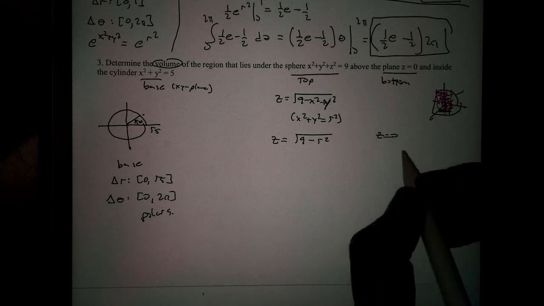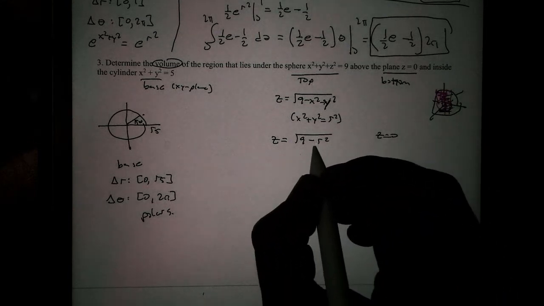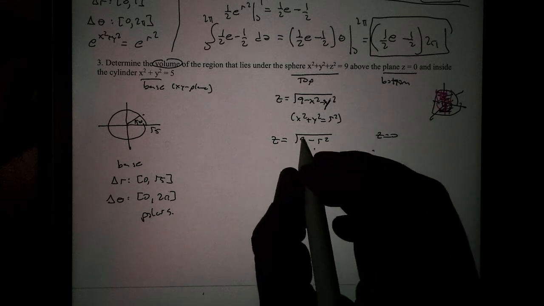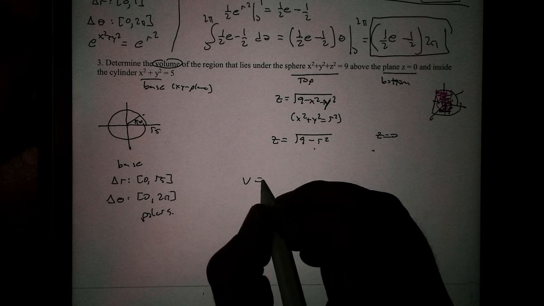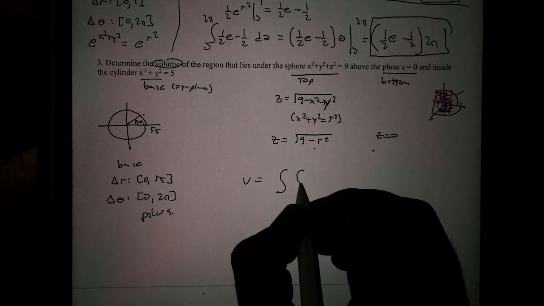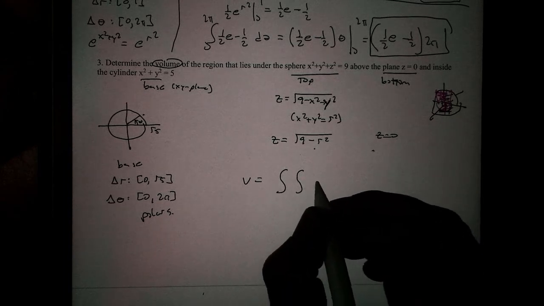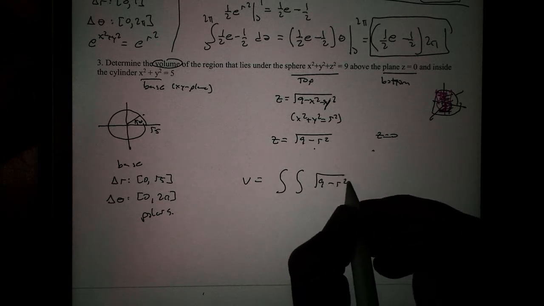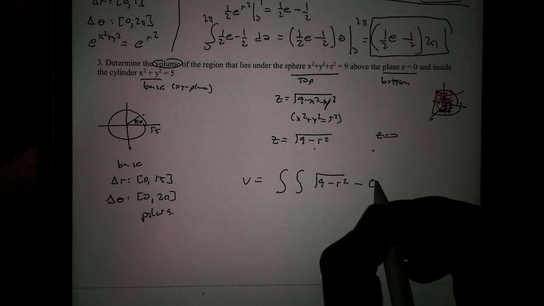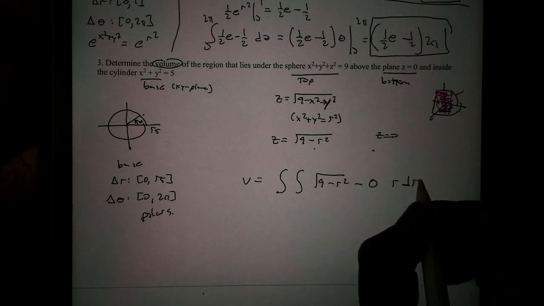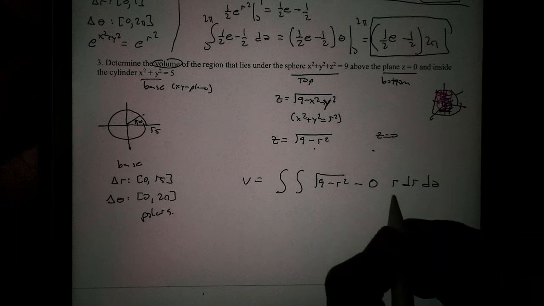So when I think about my top and bottom, I'm going to take my top function minus my bottom function. So when I write out my volume equation, I'm going to take my top function, which is the square root of 9 minus r squared, minus my bottom, which is 0. r dr d theta. Don't forget that r right there.